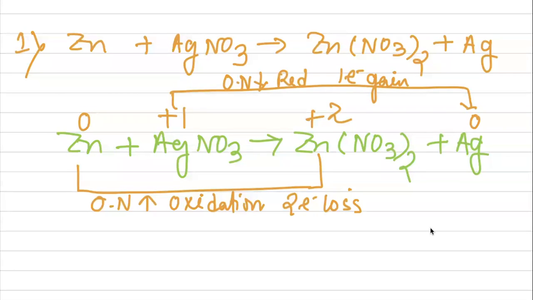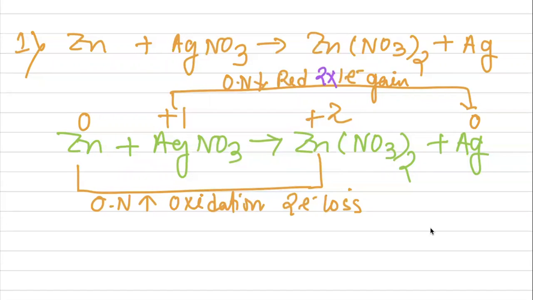Now in a redox reaction, number of electron gain or number of electron loss will be same. Right. So here, if in oxidation process 2 electron loss, that means in reduction process 2 electron have to gain. So that's why we have to multiply it by 2.